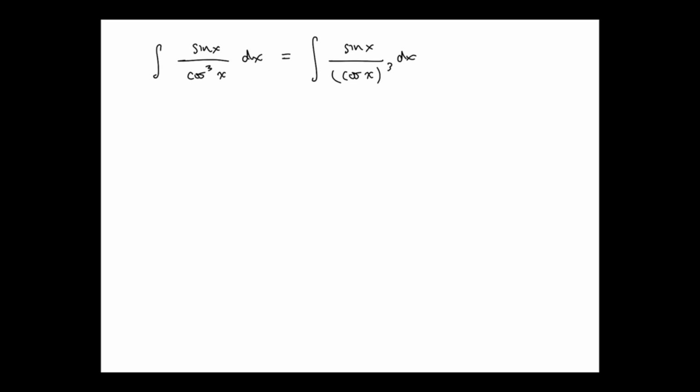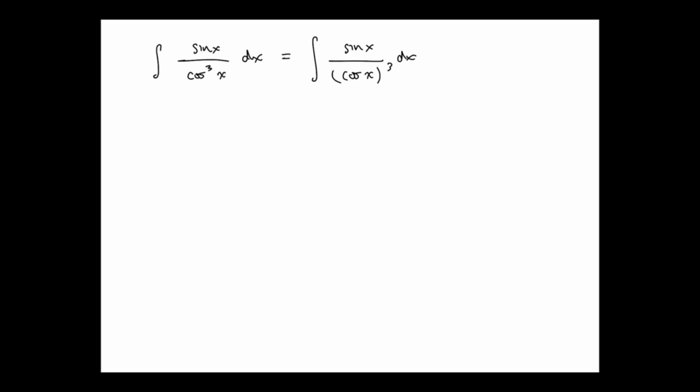Same thing, six of one, half a dozen of another. So what's probably the move we want to do here? The whole goal with u-substitutions is to find part of the integral whose derivative is the rest of it, up to a constant, possibly. Constants we can fix.